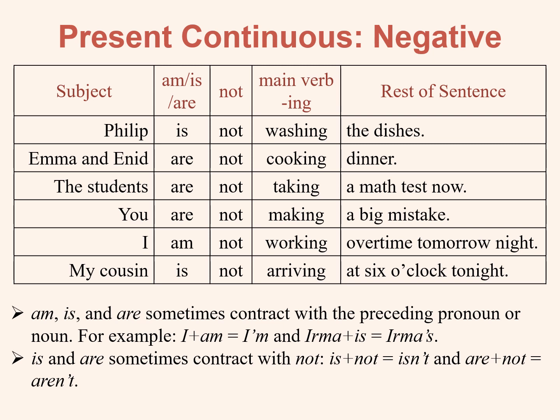It should be remembered that sometimes am, is, and are contract with the preceding noun or pronoun. So for example, I am not working sometimes will be I'm not working.